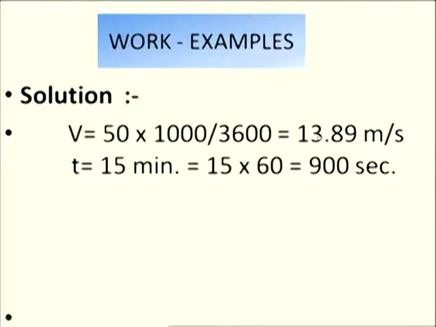So that is 13.89 meter per second, the speed of train. We have to find out the work done in 15 minutes. So total 15 multiplied by 60 is equal to 900 seconds.